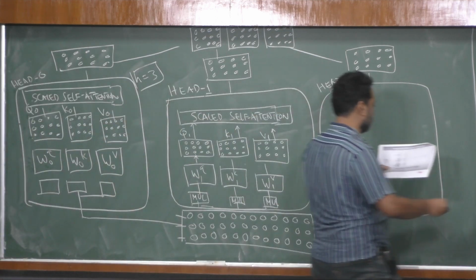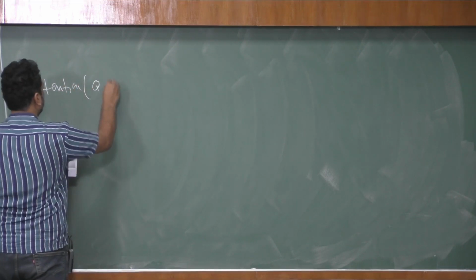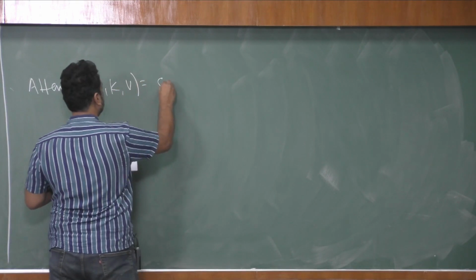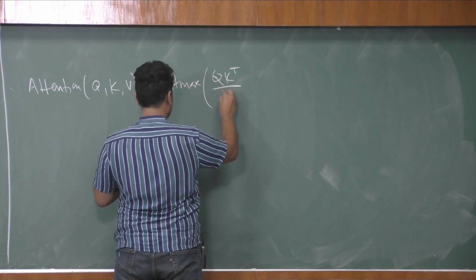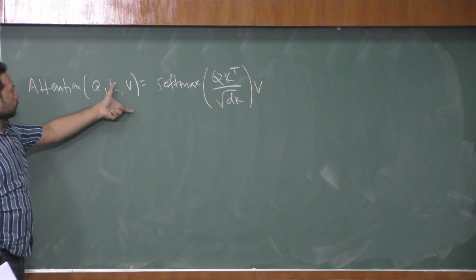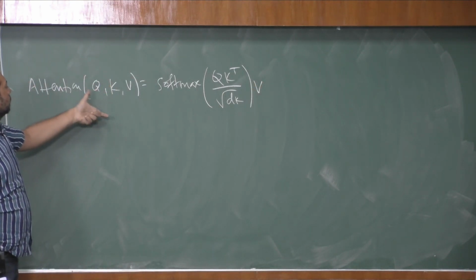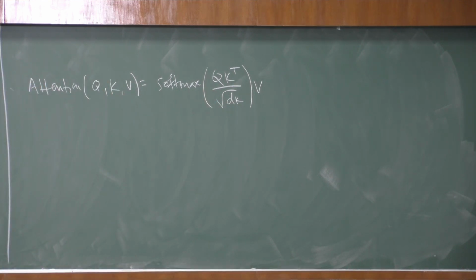In the last class, we wrote this formula: attention of Q, K, V is softmax of Q K transpose divided by square root of dk, times V. We have derived this formula in the last class; we explicitly did this calculation and found that this is how the formula should be.